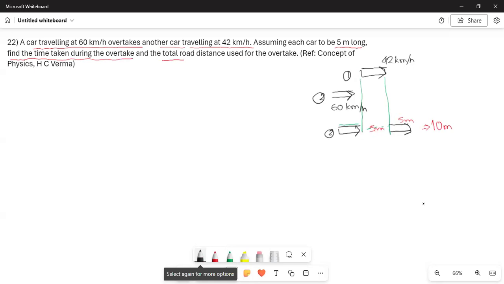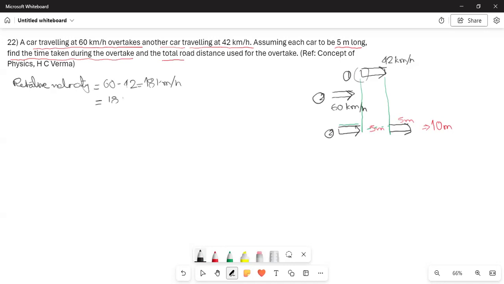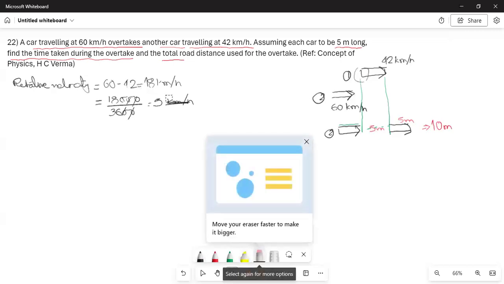Considering the number 1 car to be static, the relative velocity between number 1 and 2 is 60 minus 42, equal to 18 kilometers per hour, which is equal to 18,000 meters divided by 3600 seconds. Sorry, this unit is now 5 meters per second.